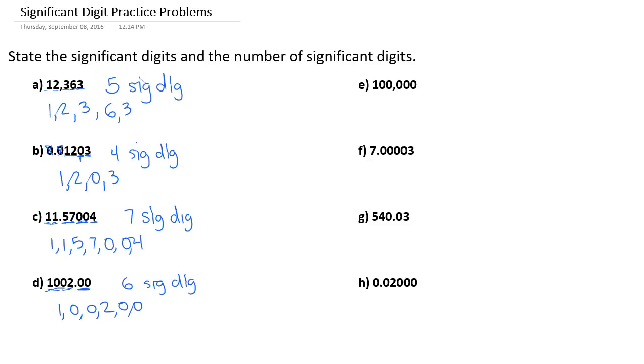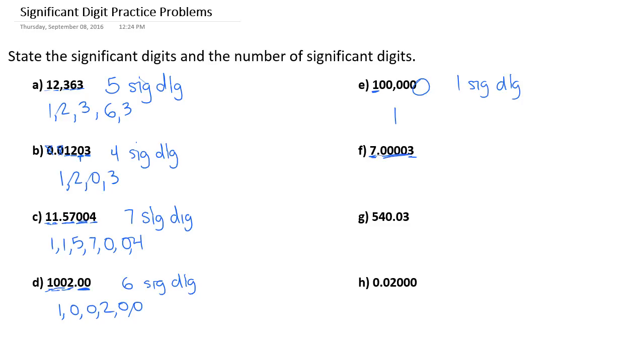Alright, this one we notice that there's no decimal place here. That's important. And so when we look here, we have 1 significant digit, and it is 1. On F, we have 7 and we have 3 that are non-zero numbers, and then we have these in-between zeros that are significant.